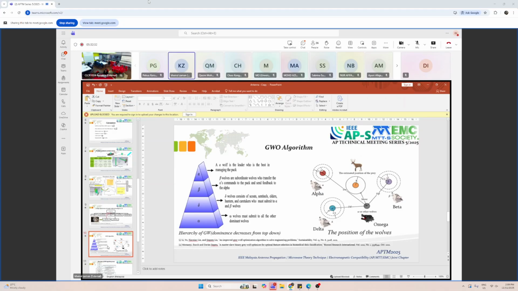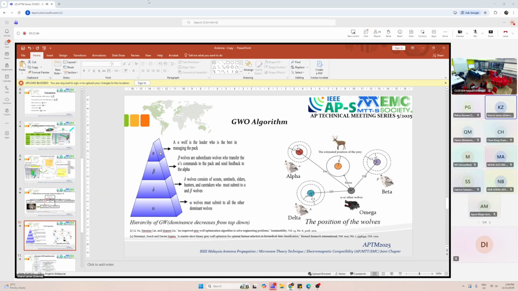As we can see here from the hierarchy of GWO, starting from the top to down, the leader of this group is called Alpha, because it's the best wolf in managing the pack for hunting, and the strongest wolf in the family.